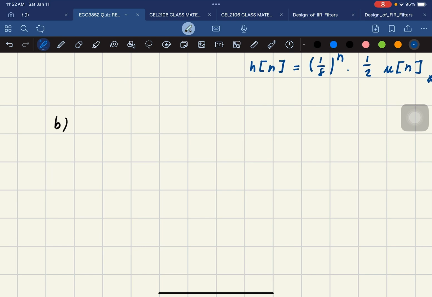Okay, for question 2b, we are asked to find the yn for the input xn equal to (2/3) to the n, un.